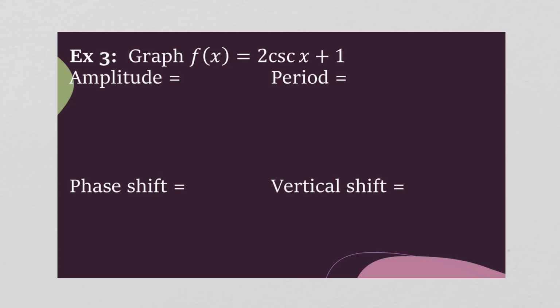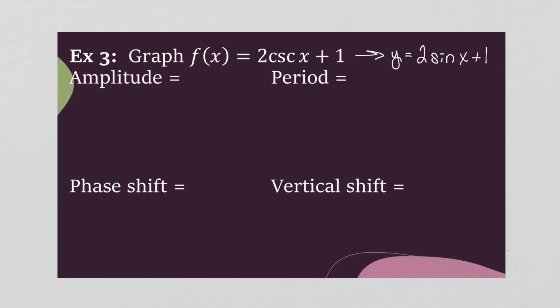I say inverse, but that's not really true. But it's the flip, if you are looking at identities, of sine. So what we're really doing here is we're really graphing 2 sine of x plus 1 and then doing some flipping and adding asymptotes, okay? So we're just going to focus on graphing 2 sine of x plus 1.